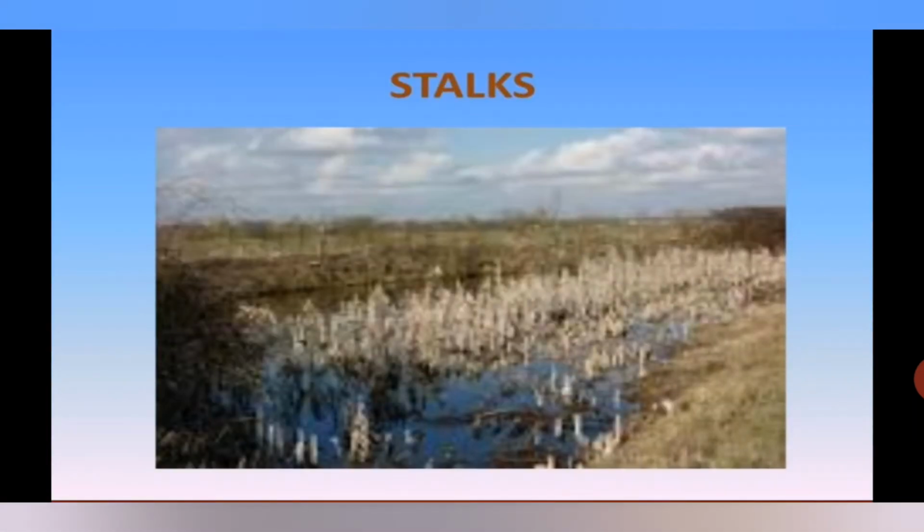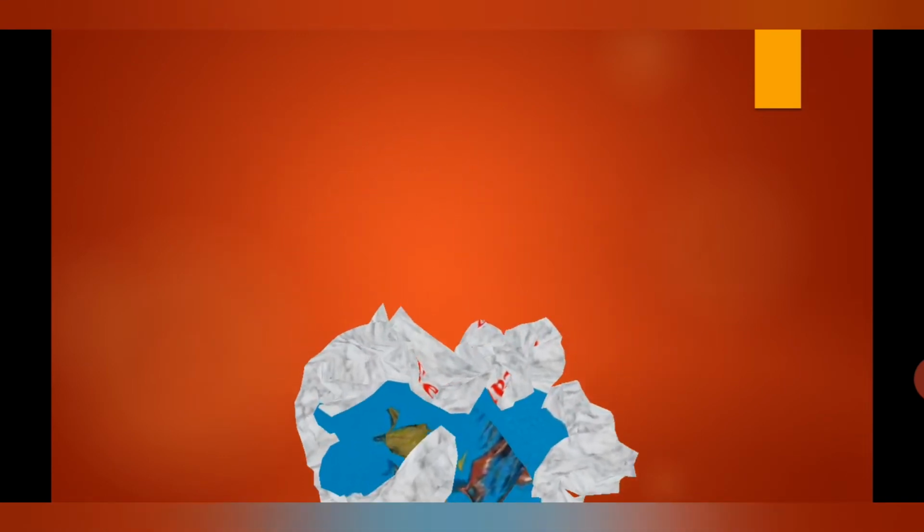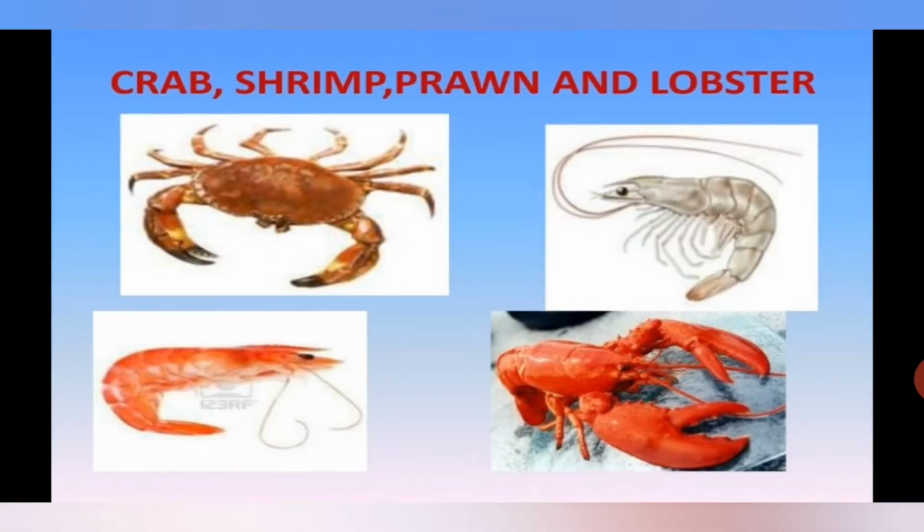Stalks. What are stalks, children? These are the main stems. And seaside creatures. You can see these kinds of seaside creatures, like crab, shrimps, prawn, and lobster.